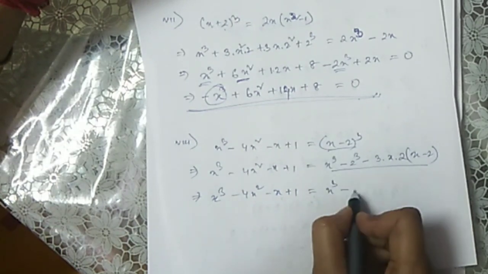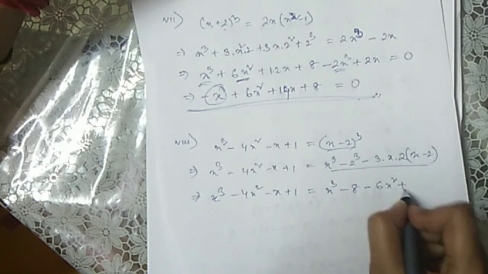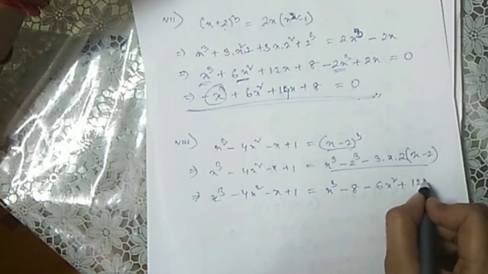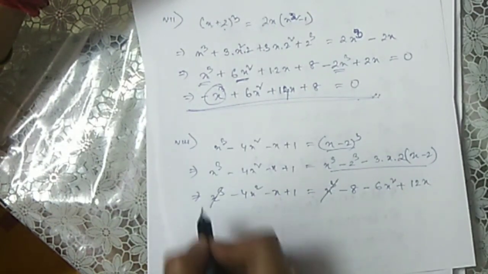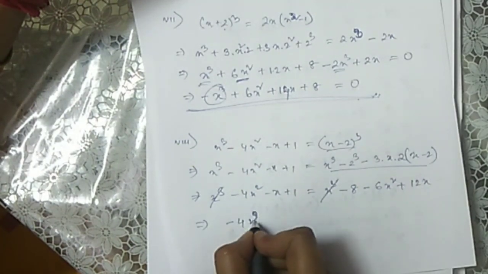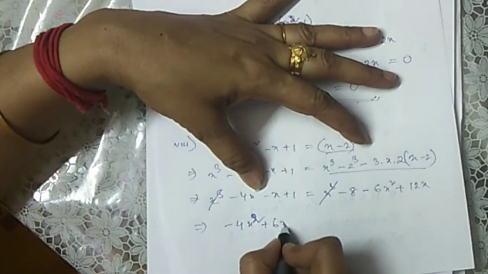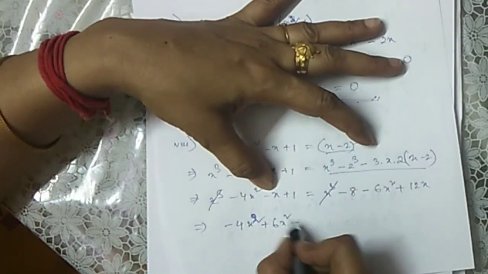x cube minus 8 minus 6x square plus 12x. Here from both sides x cube will be cancelled. So it is clear that the square term will remain here, so it will also be a quadratic equation.